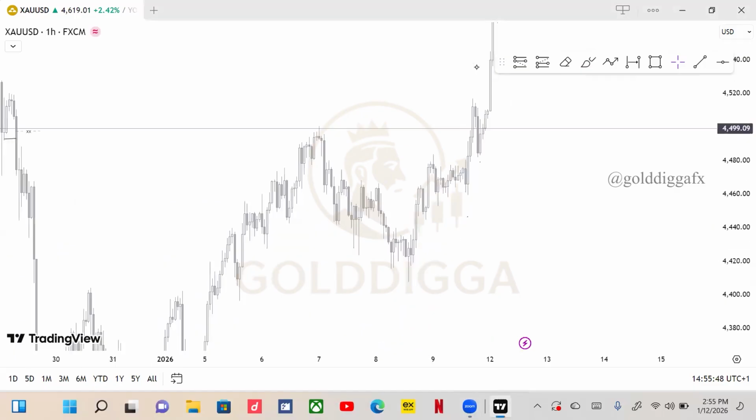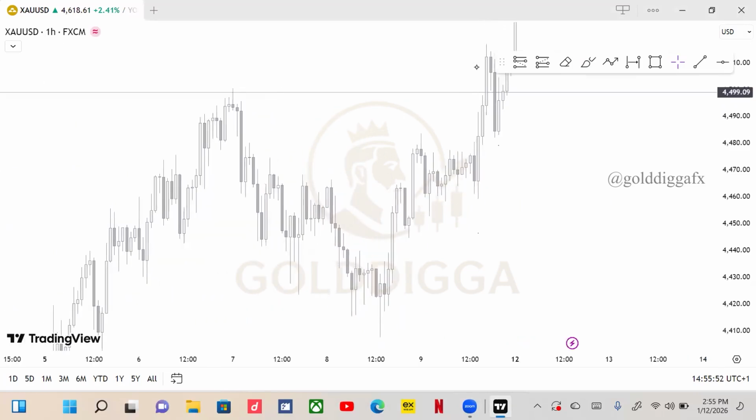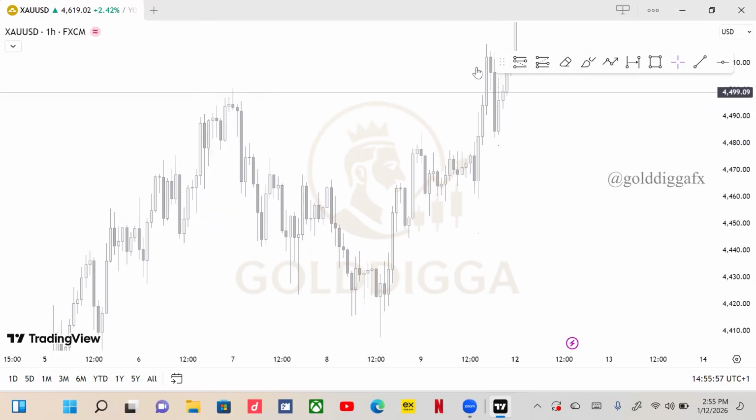So you can go and mark your structures, mark your shifts and your breaks, mark shifts in structures and see how price transitions from uptrend to downtrend after a shift. Mark your shift in structures, mark your break of structures, and mark the trend.